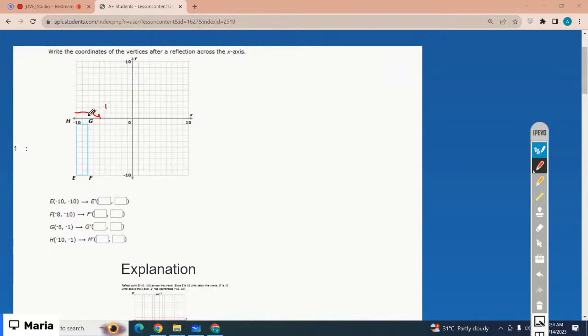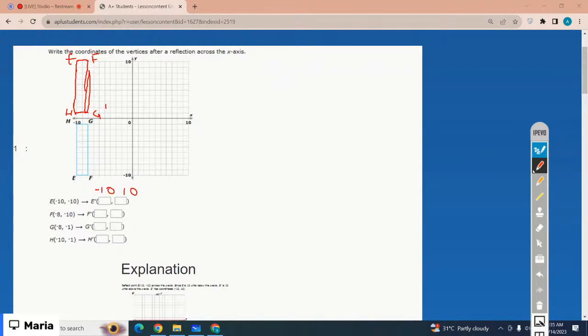This is G dash, this is H dash, because that is a reflection across x-axis, right? Coordinates of G is E, this is E and this is F. E is now 10 and negative 10. X is negative 10, Y is 10 because that is the reflection along x-axis.